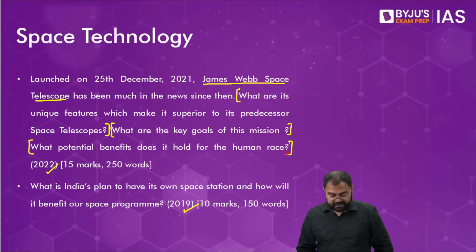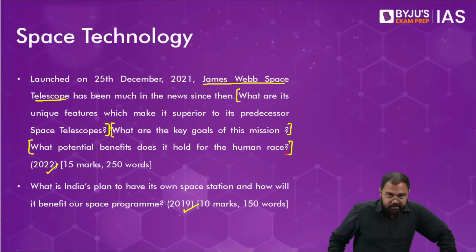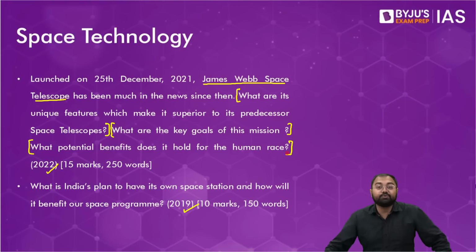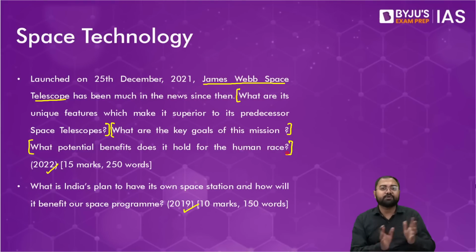So if you are mentioning these names, James Webb and Hubble, then to the examiner it shows that you are prepared, that you know your facts and data right, and that also gives you a positive impact.